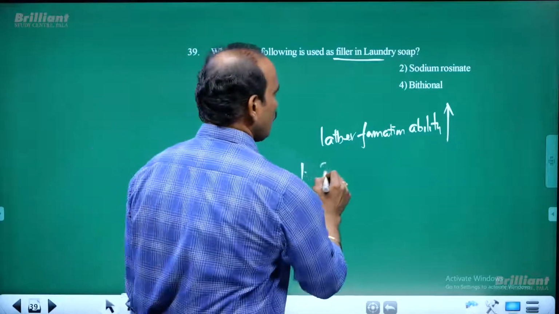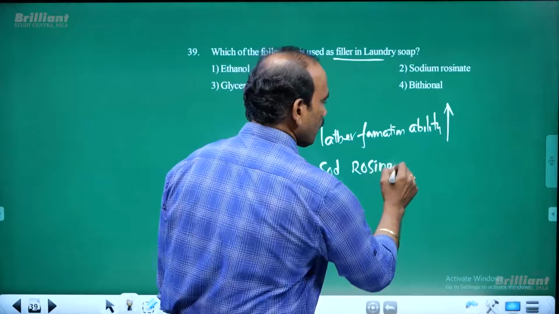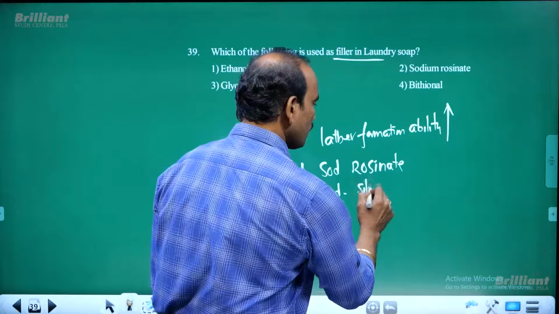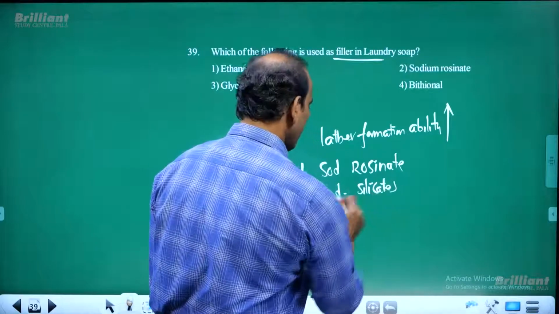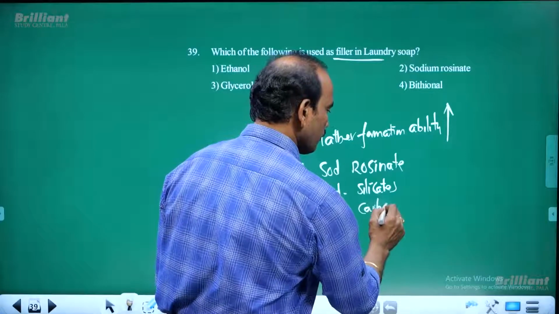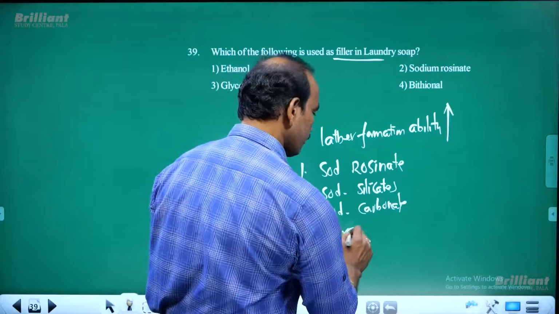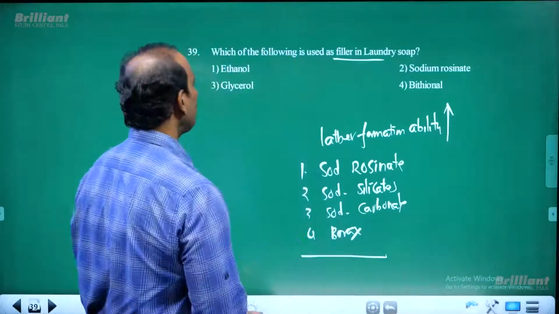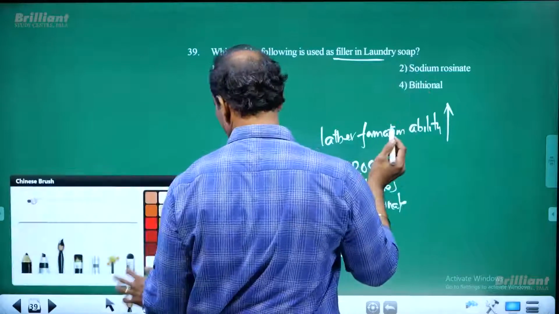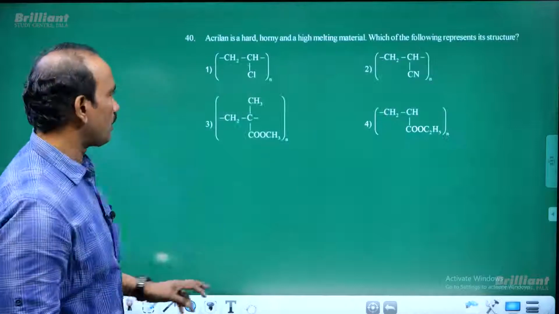Sodium rosinate, sodium silicates, sodium carbonates. Next one is borax. These are the fillers. So the answer is this one. Clear?